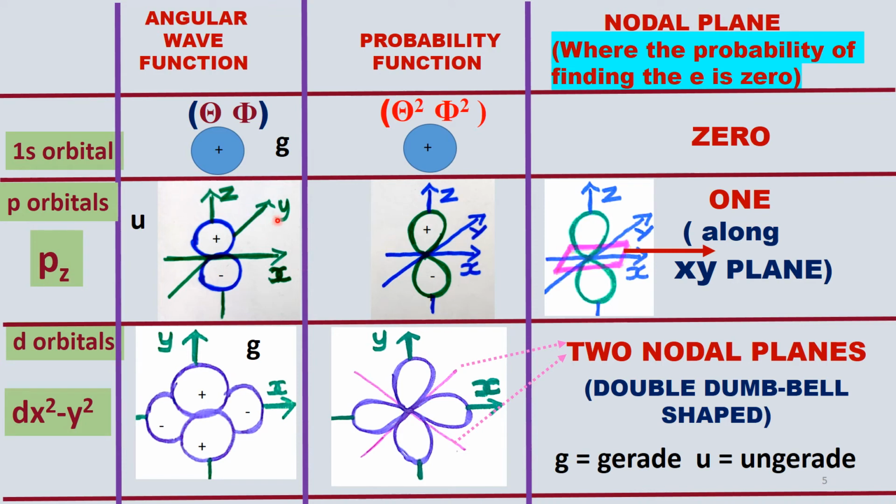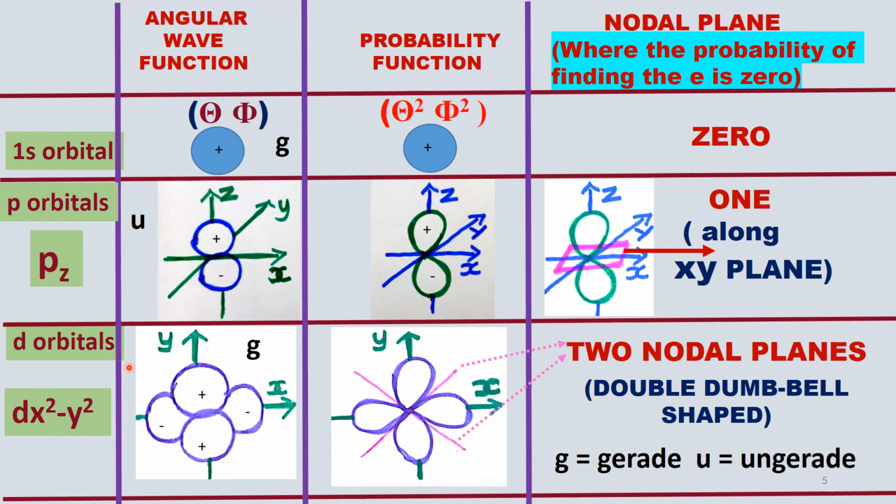What is a nodal plane? This is the plane where the probability of finding the electron is zero. The probability of finding the electron is only along the z-axis. Therefore, the probability of finding the electron along the xy plane is zero. Therefore, for the pz orbital, there is one nodal plane.